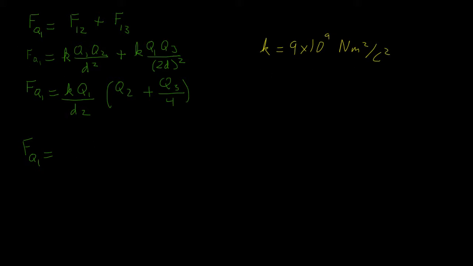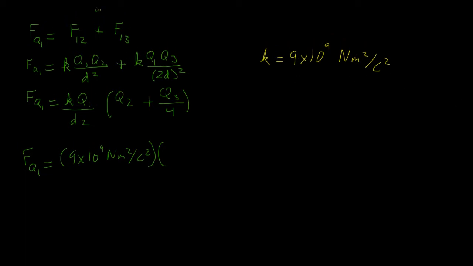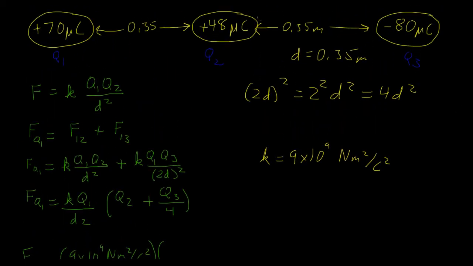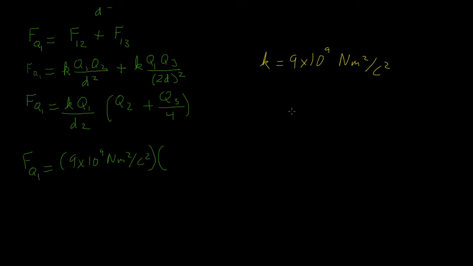So that's what we're going to plug in for K. 9 times 10 to the 9th Newton meters squared per Coulomb squared. Q1 is 70 microcoulombs, and I'm going to use times 10 to the negative 6th.